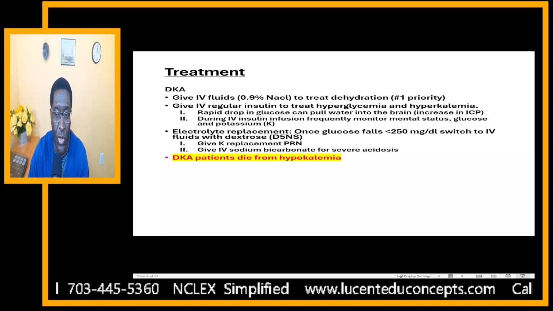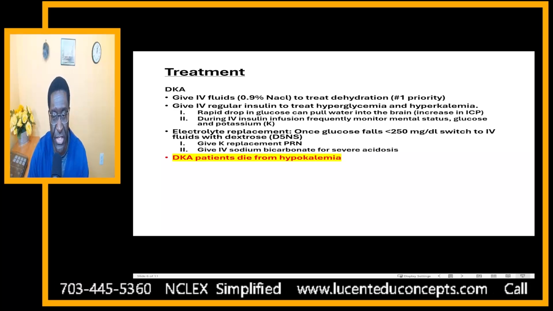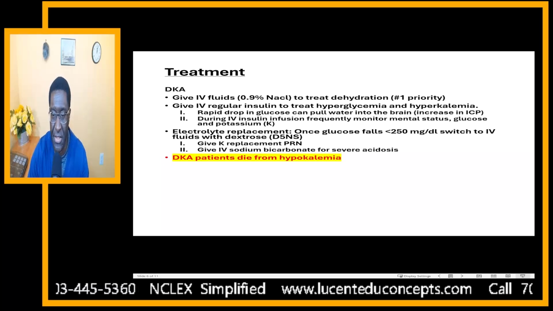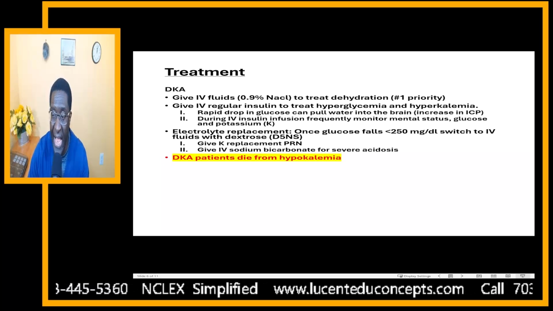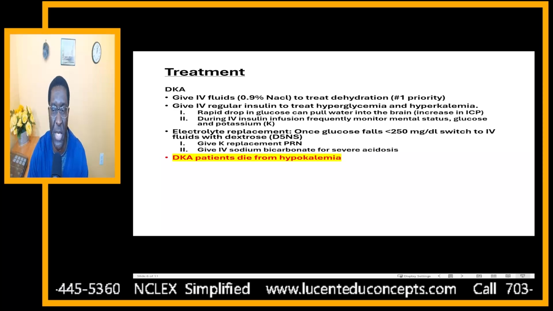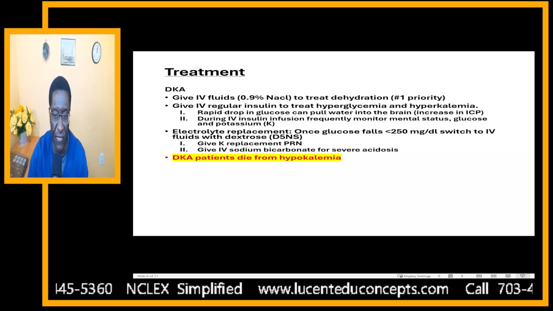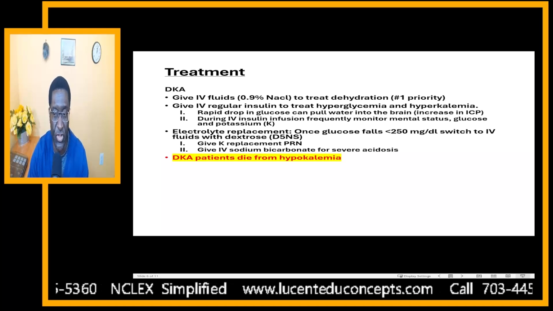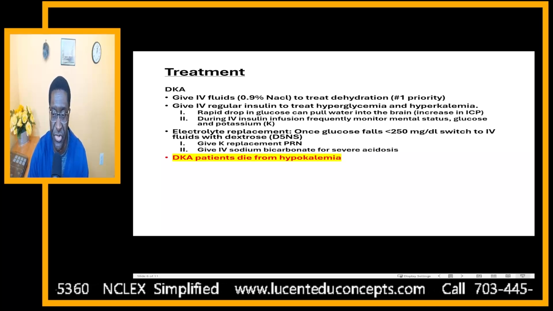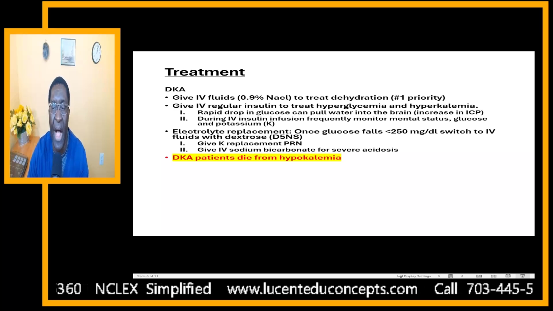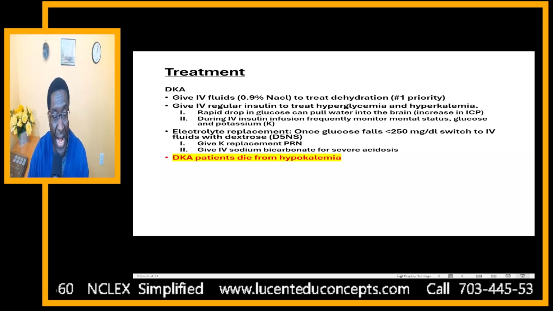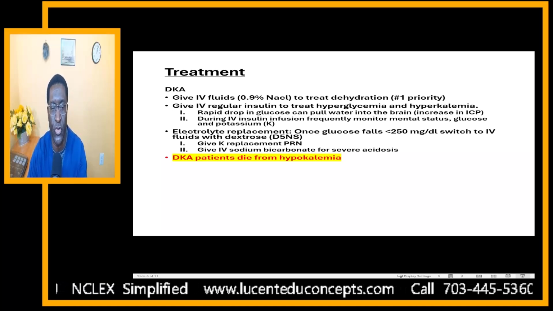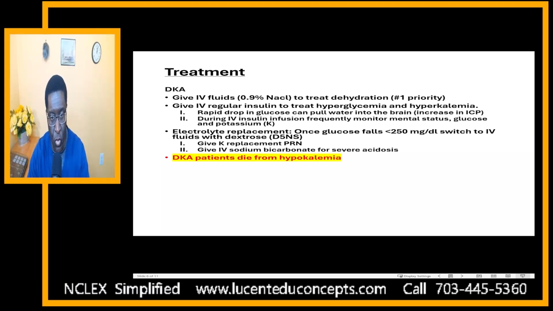Next, keep in mind that during IV insulin infusion, we frequently monitor mental status changes, and we keep our eye on glucose and potassium. So let me repeat. Anytime you're giving IV regular insulin to your patient, especially to treat the hyperglycemia, keep your eye on the glucose. Because why am I saying this? Because we are trying to decrease the amount of glucose.